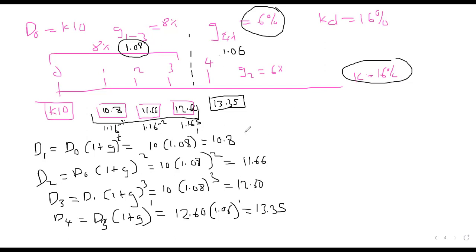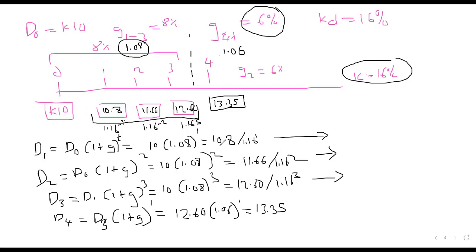So we divide D1 by 1.16 to the power 1, D2 by 1.16 to the power 2, D3 by 1.16 to the power 3. The total of each of these will give you the value of stock for phase 1. We're discounting these figures.